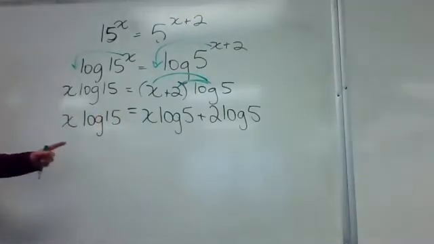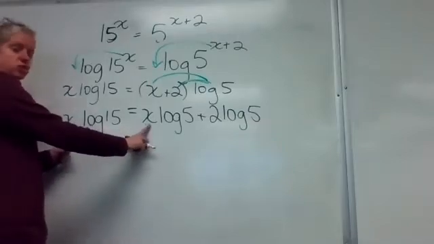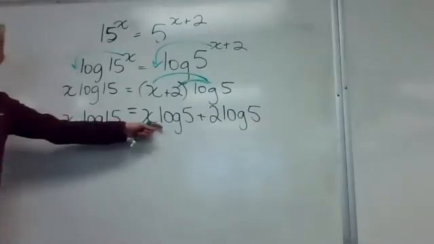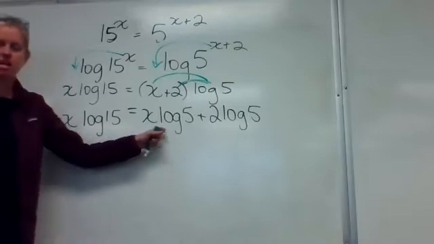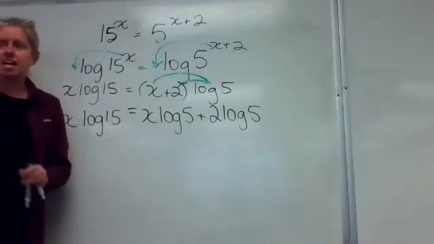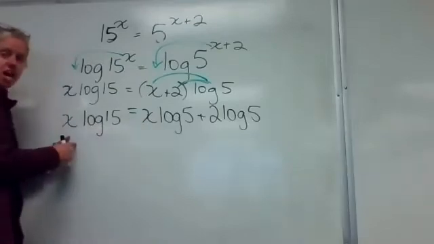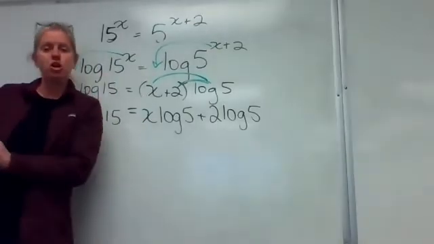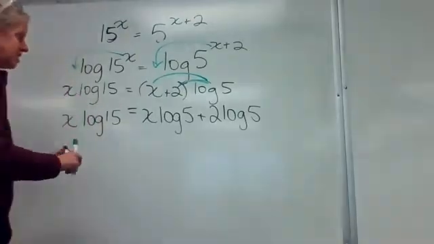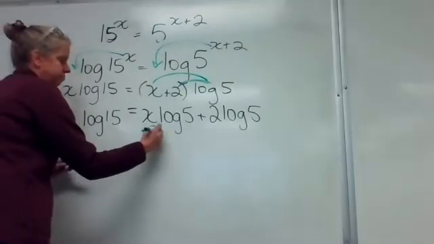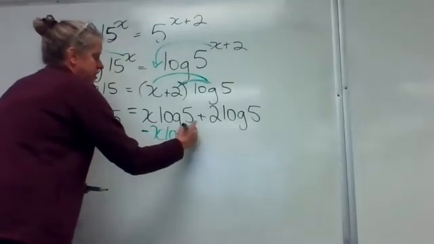Now, remember what we did on the one when we were solving for x, but it was in 2 separate terms, and those terms weren't on the same side. We want to put these on the same side as each other so that I can pull out the x. So let's move this one to the left.